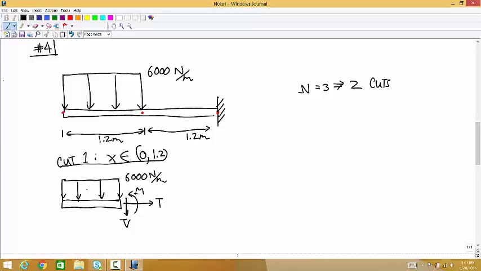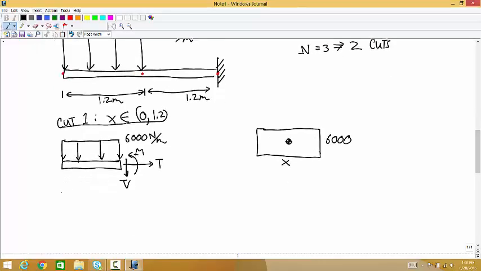And then in the solution, I had another distributed load acting that I guess would have been the weight. Okay, so think about this rectangle. The centroid's right in the middle. The height is 6,000. The width is x, because this is x.